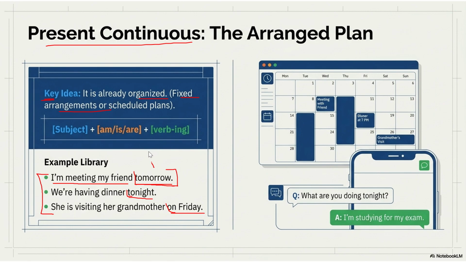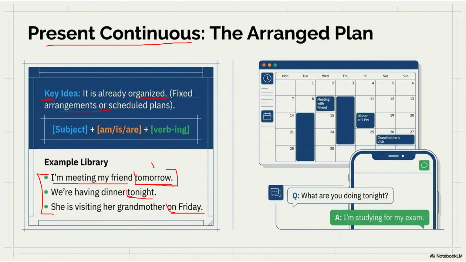If I do this, I'm meeting a friend. Until here, friend, this sentence is in present continuous. So if I say I'm meeting my friend, it means that action is happening right now. But as soon as I add tomorrow, the meaning of the sentence changes completely.